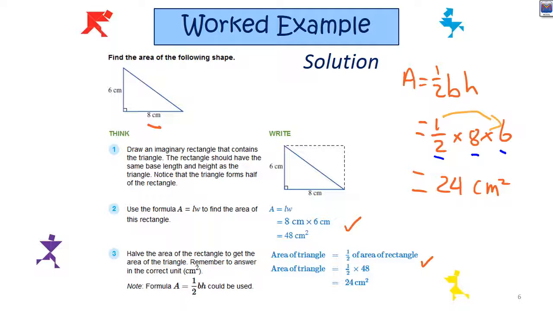A half of 6 is 3. 3 times the 8 is 24. Or if you really want, you could go 6 times 8 and then divide it by 2 or halve it. So there's multiple ways you can do it and you'll still end up with the same answer. If you follow your proper order of operations, you'd work from left to right, but it doesn't really matter because you'll still end up with the right answer because it's all multiplication.